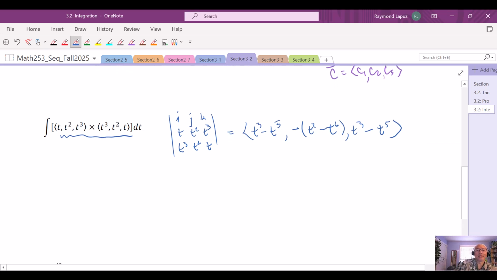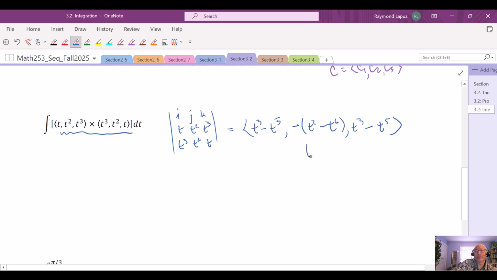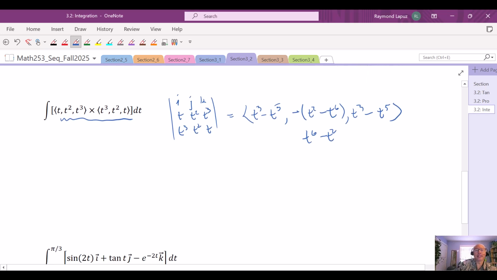Okay, so let's integrate that. Let's call this t to the 6 minus t squared, just so we don't have that extra negative sign on the outside.